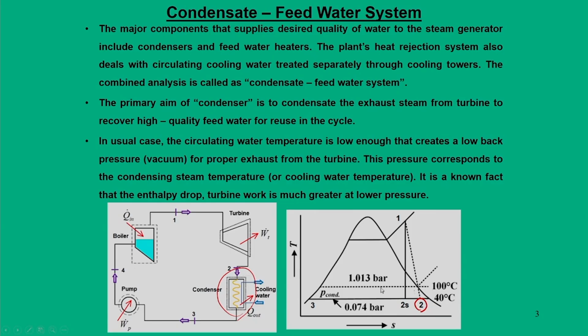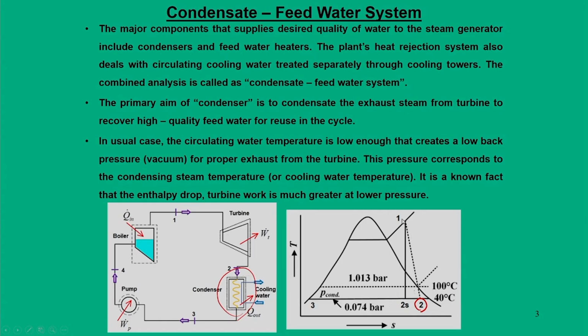Another essential requirement is that the more you can expand in the turbine, the higher the output from the turbine will be, and that is possible if we operate the condenser at the lowest possible pressure. What does this mean?